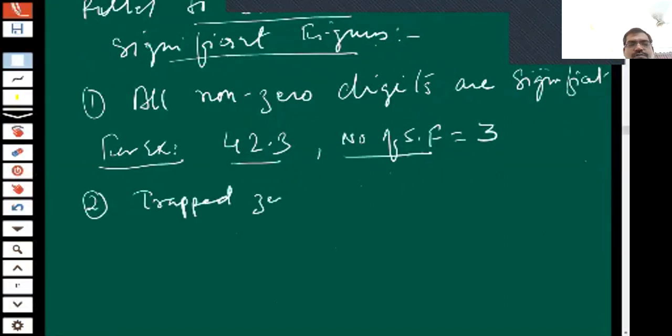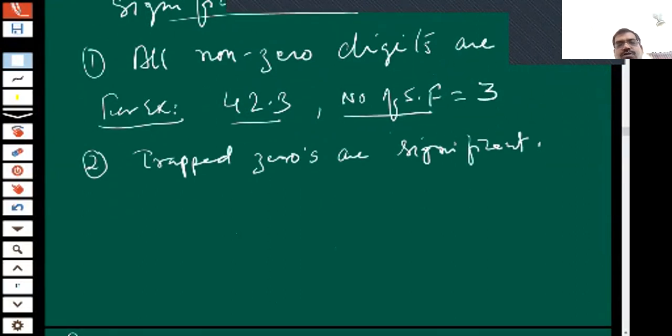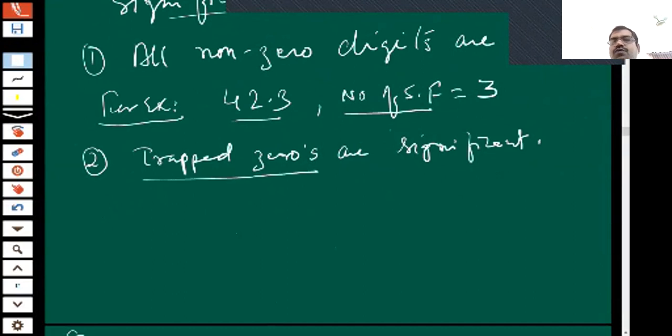Trapped zeros are significant. Trapped zeros means those zeros which will come between two significant figures. Okay, between two significant figures are known as trapped zeros.